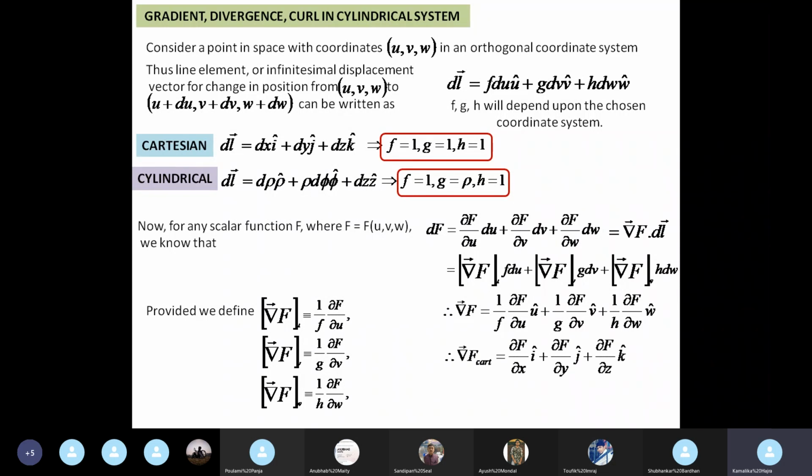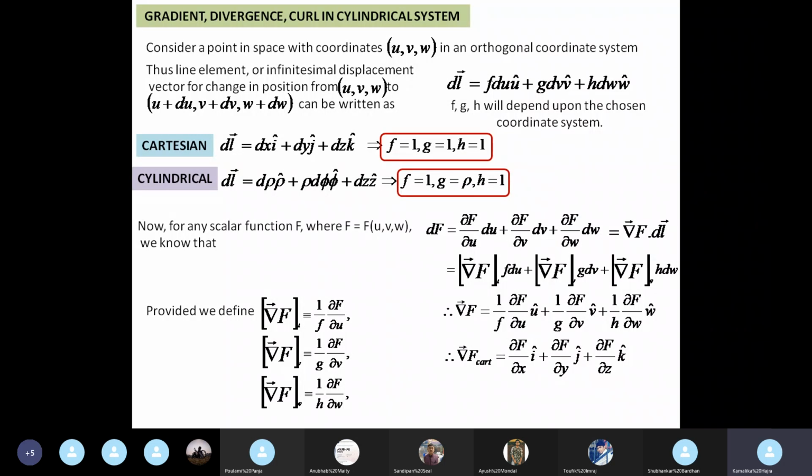So in the Cartesian system, we just wrote down the values of f, g and h in the two systems. In the Cartesian system, f, g and h are all equal to 1. So grad f is del f del x i cap plus del f del y j cap plus del f del z k cap.